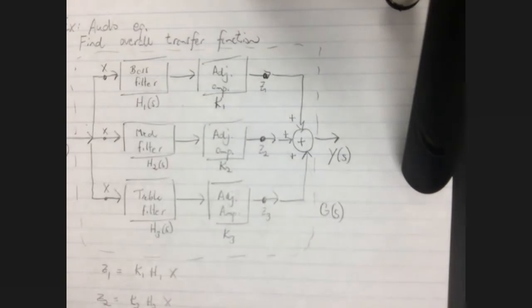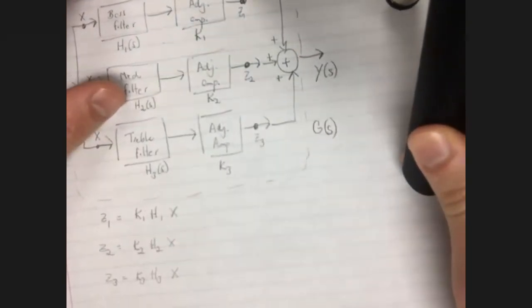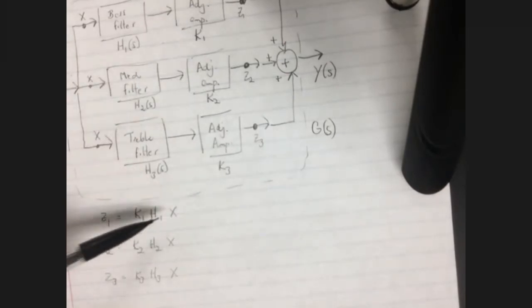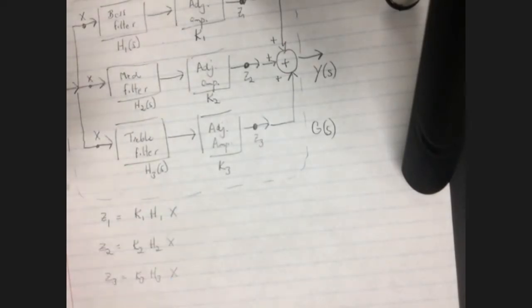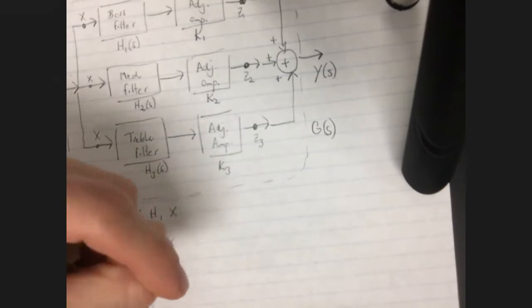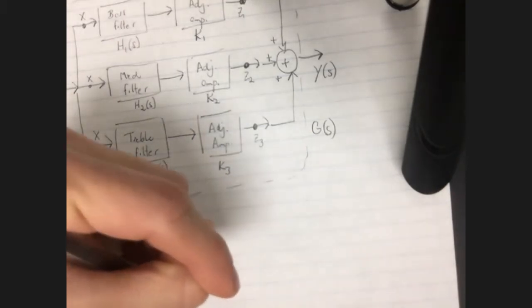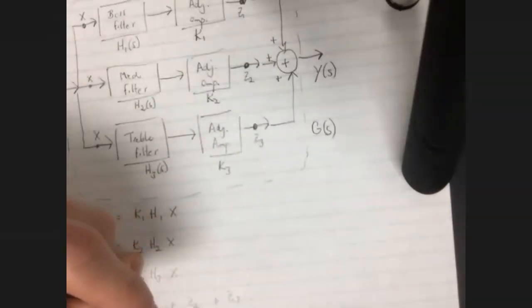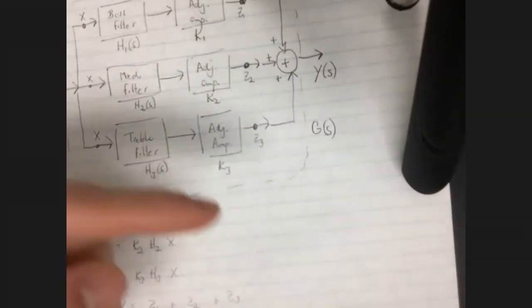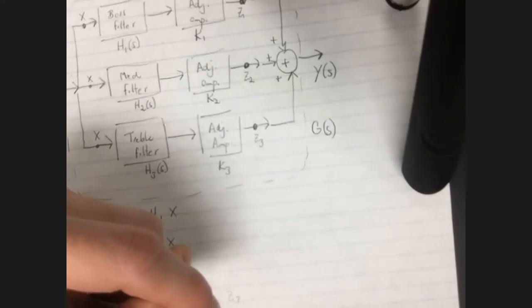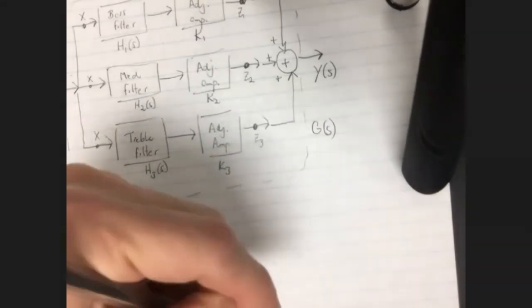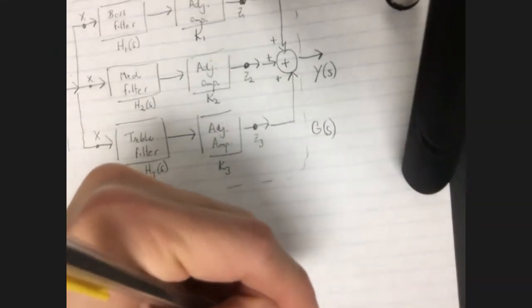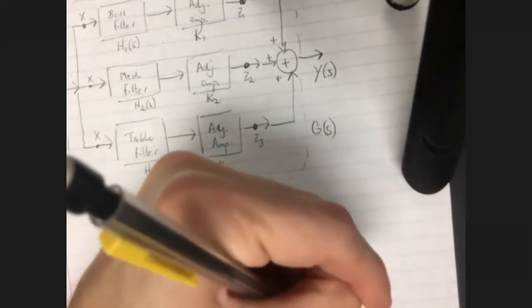Again, by using what we already know from how to combine blocks where they're in cascade, one right after the other, we can use that. And then for my adder, I know that Y is going to be equal to Z1 plus Z2 plus Z3. Therefore, I can plug each thing in there: Y is equal to K1, H1X plus K2, H2X plus K3, H3X.